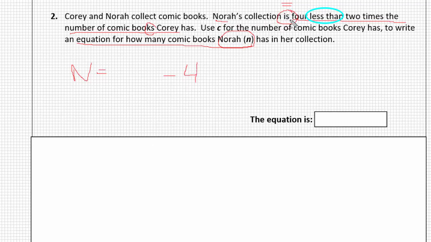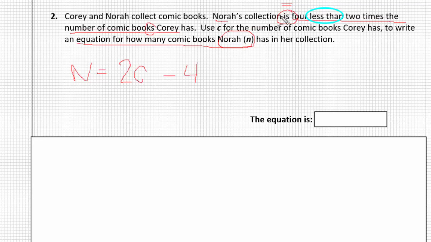So we've dealt with this phrase up to here, and it says 2 times the number of comic books Corey has. We're using C for Corey's collection because we don't know how much he has. So I'm just going to put that in my sentence here, and you guessed it, 2 times that, so we can just write it as the term 2C.